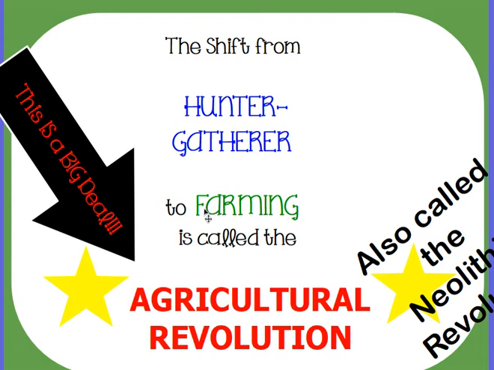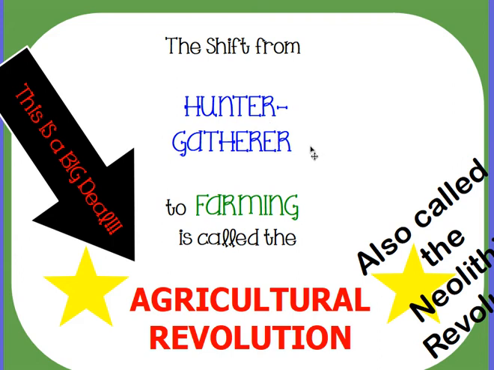It is a big deal because if these hunter-gatherers, the hunters were the men, the gatherers were the women, if these hunter-gatherers had not figured out how to farm, we would still be going out and hunting and gathering our food.